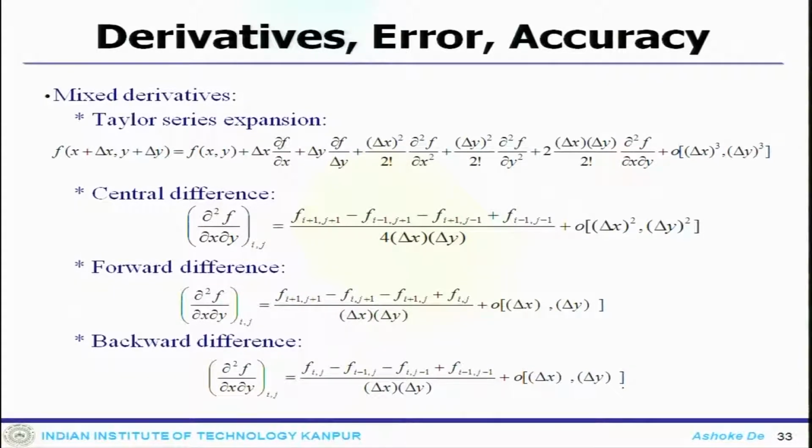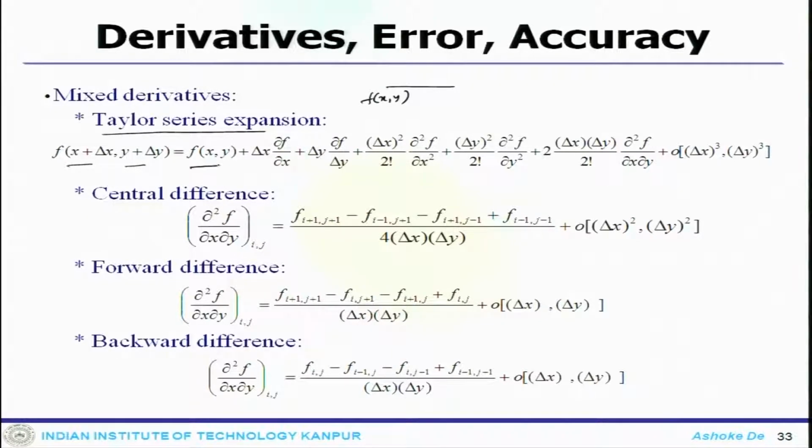Now, since we are trying to find the derivatives, one can find the mixed derivatives through the Taylor series expression. It is essentially retaining the terms in both x and y. Your function at a certain location is f of x and y, then x plus delta x and y plus delta y.